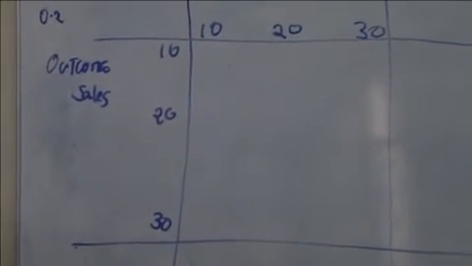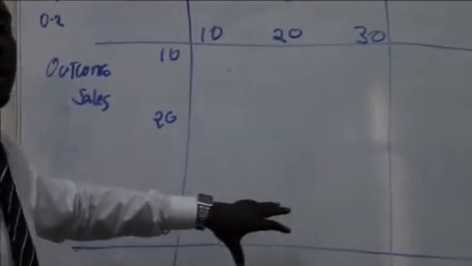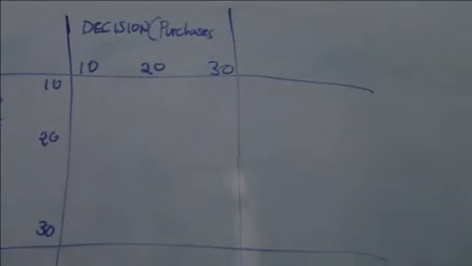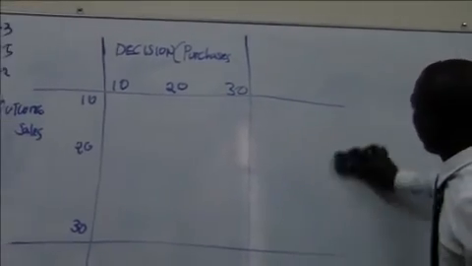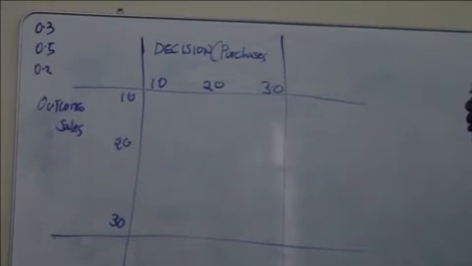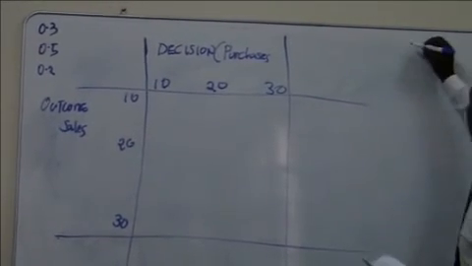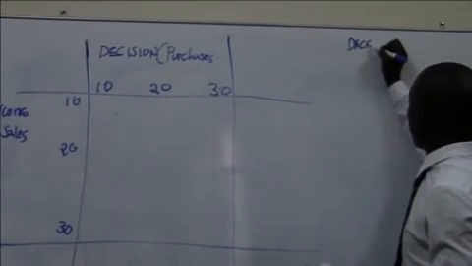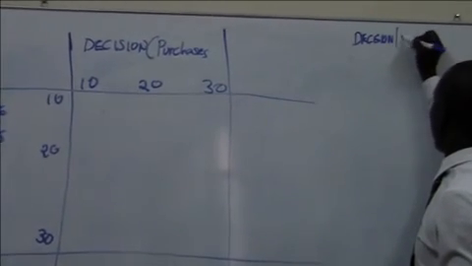Now we may need to do a little working to know exactly what amounts need to be put and where they need to be put. So I can have my working done over this side. I'll have my decision over here. I have my outcome over here.